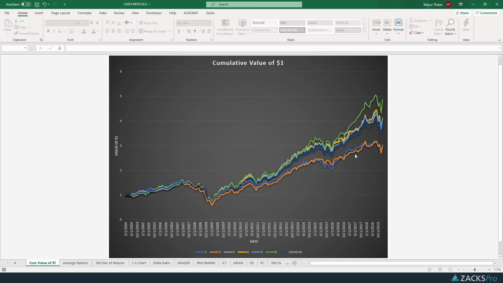So these bottom two right here are the companies that have the lowest tiers of the liquidity ratio, and that is clearly separated from the ones that are at the very least average to above average.